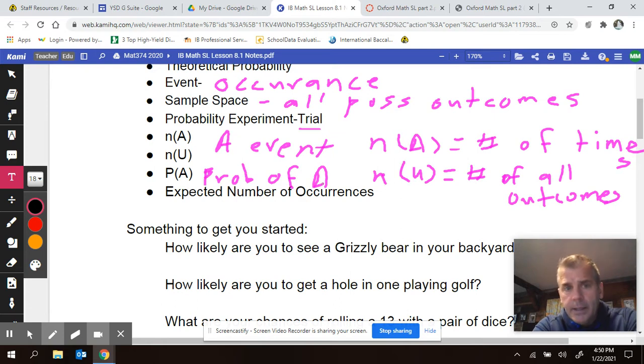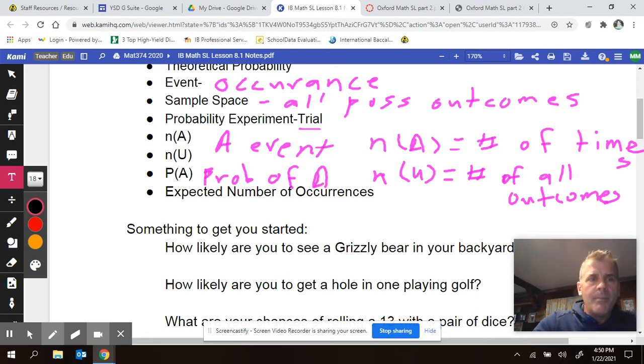Well, there's 1. So there's one possibility. So that would be the N of A. I'm not saying the actual number 2 goes in there. That doesn't make any sense. So the number of 2s that could possibly happen is 1. There's one 2 on that cube when you roll it. And then what are all the possible outcomes? Well, it's 1, 2, 3, 4, 5, and 6.